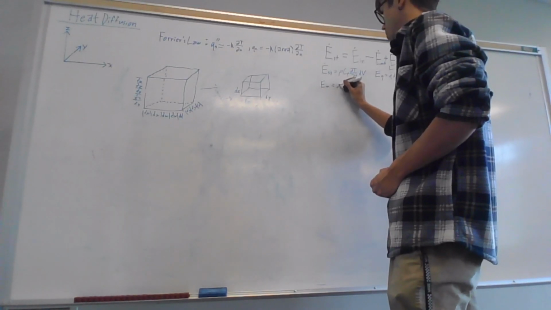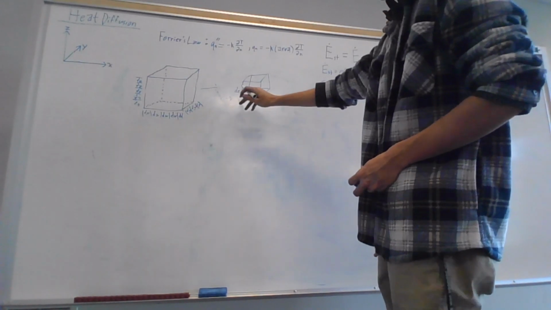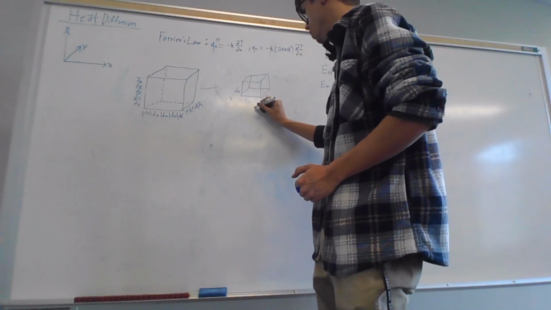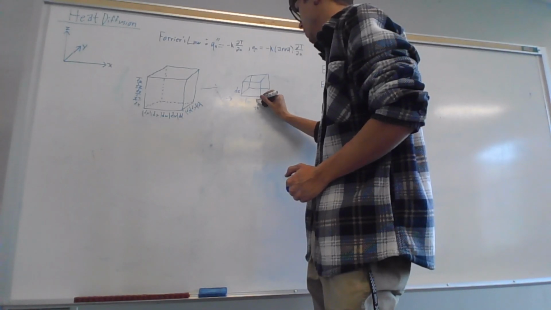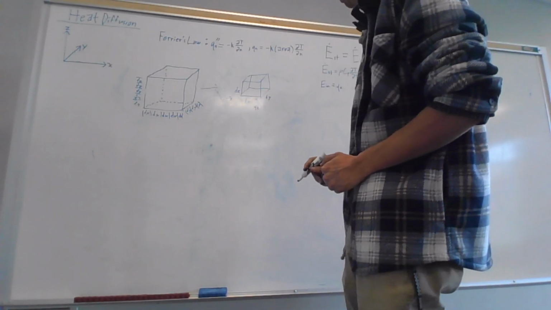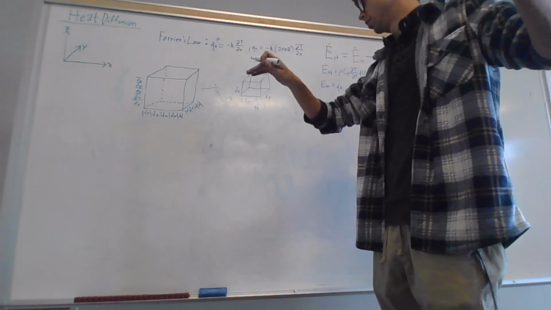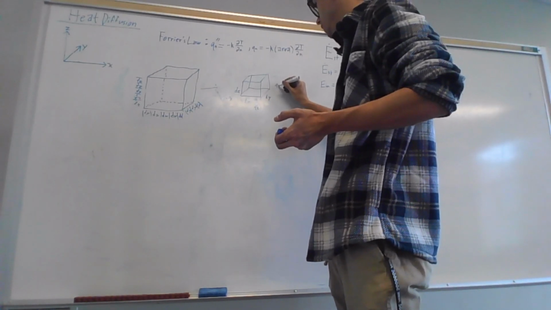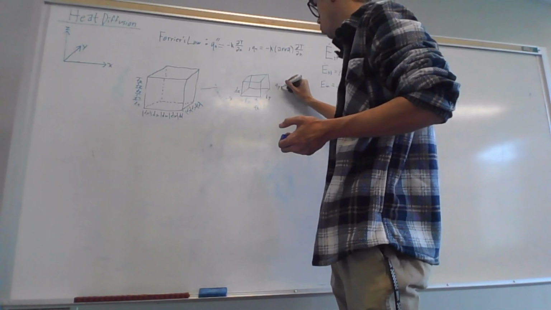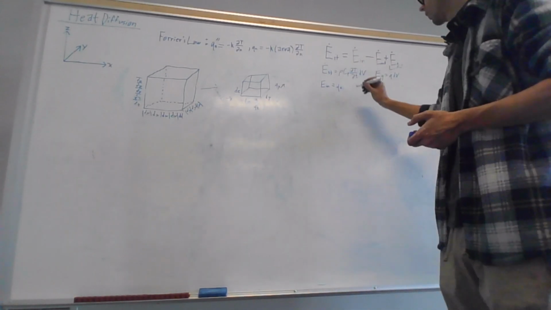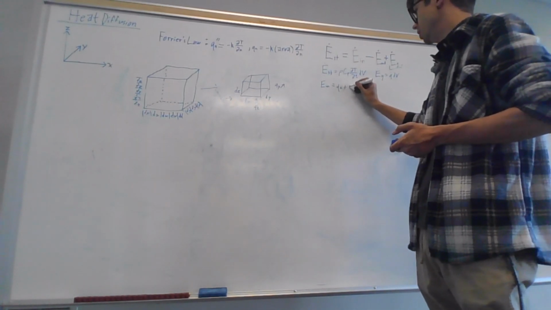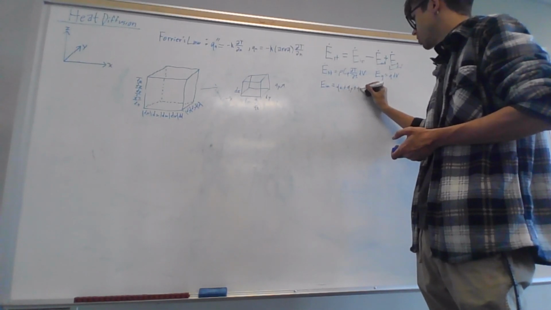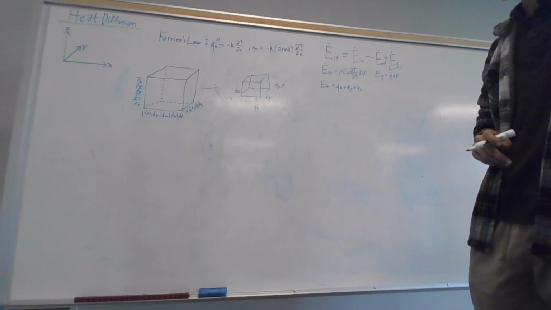Aside from just that direction, it could also be coming up. So I'll have qz, heat flow in the z direction, going up. Finally, heat could enter into the box in the y direction, as I did before, and I'll call that heat flow qy. So our energy in is qx plus qy plus qz, all of the energy coming in each direction.